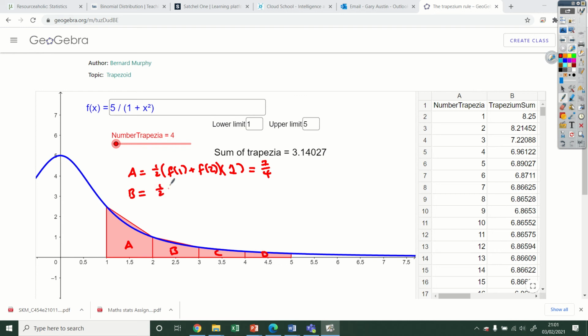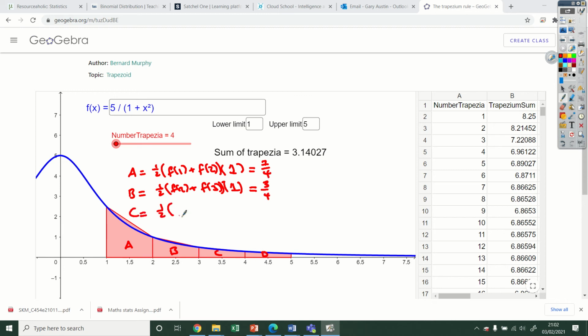B is a half times f of 2 plus f of 3. Again, times 1 distance in between. Let's type this in. So 5 divided by 1 plus 4, which is 5, plus 5 divided by 1 plus 9, which is 10. Okay, I meant this to be 3/4.